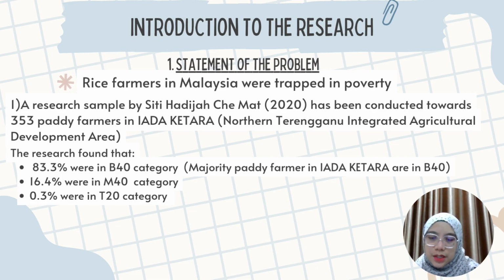Based on the percentage, it's 83.3%. The M40 category is 16.4%, and the T20 category is 0.3%. So this situation has led to my statement of the problem, which is that rice farmers in Malaysia are trapped in poverty.